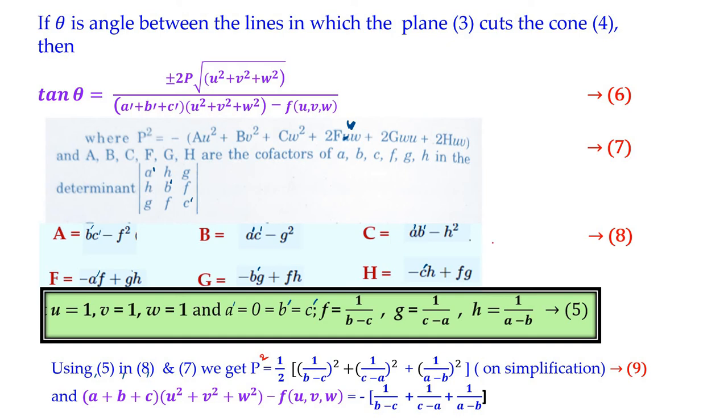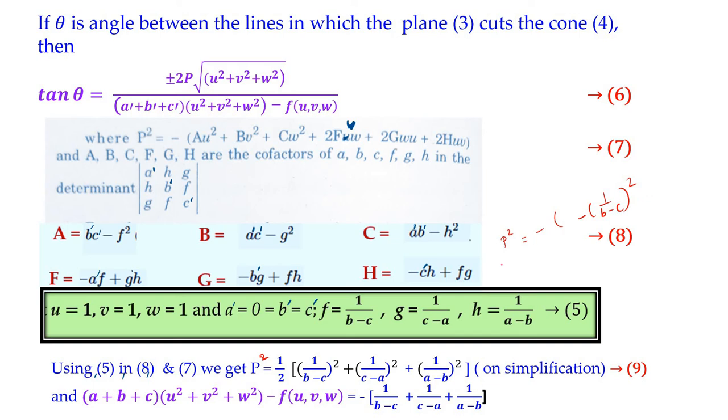P square is minus of A u square. What is A? It is B prime C prime, but B prime C prime is this minus F square. Minus F square means minus of 1 by B minus C the whole square.